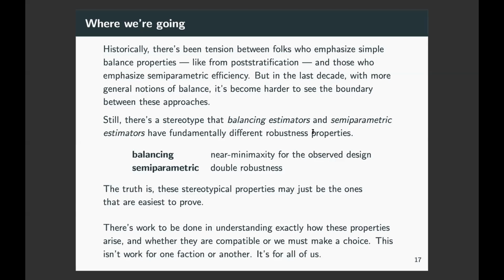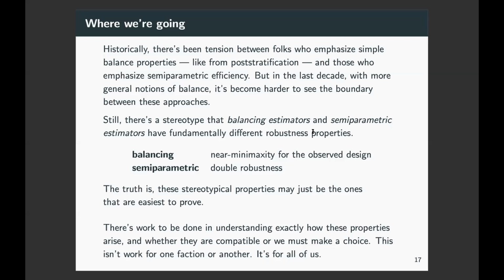Nonetheless, there's still kind of a stereotype that balancing estimators and semi-parametric estimators have fundamentally different robustness properties. For balancing estimators, we might say they're optimal for the observed design, which is great because that's the design I have. And for semi-parametric estimators, we may say they get a lot of double robustness by averaging over a bunch of possible designs that we could sample.